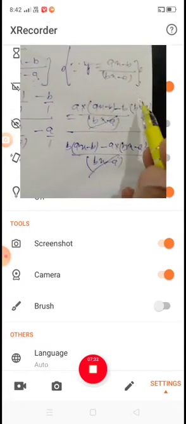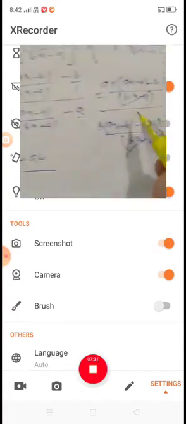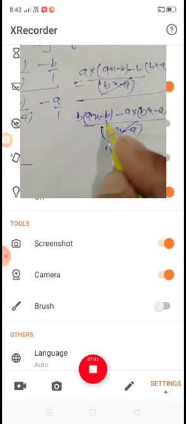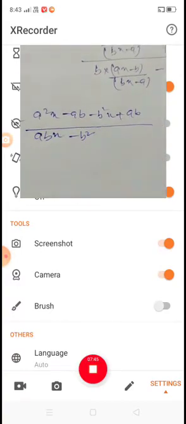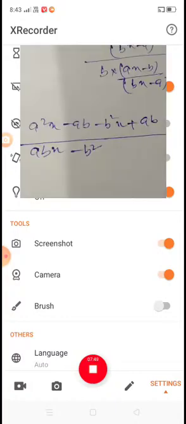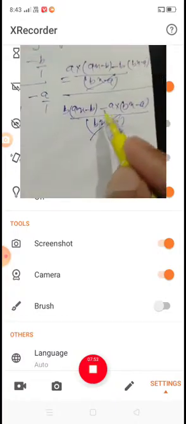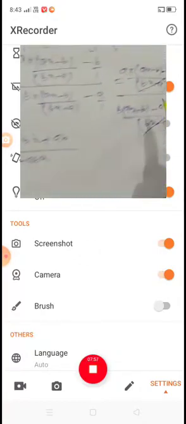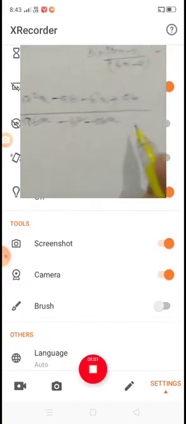Now in the denominator, abx minus b square, minus abx plus a square.